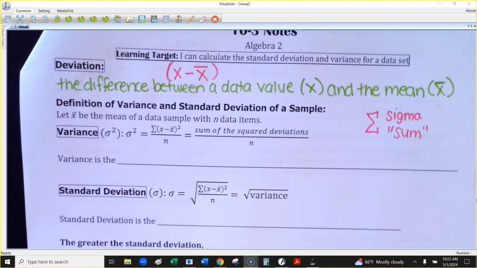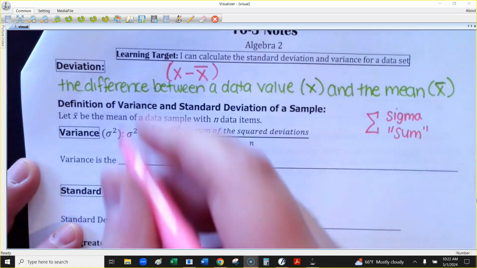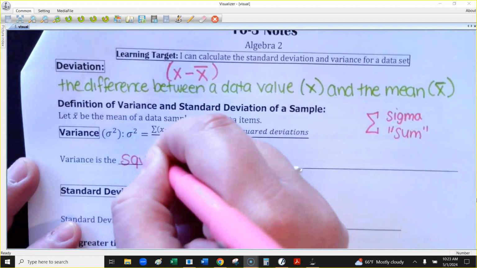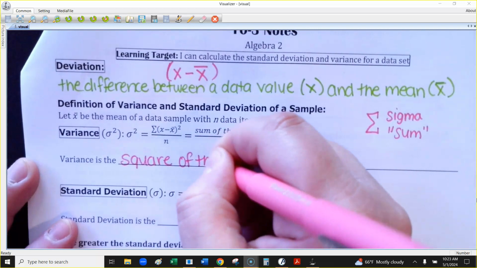All right, now, the variance is the sum of the squared deviations. I'm going to explain that in a second, but that's what this says. Variance is the square, to the second power, of the standard deviation.